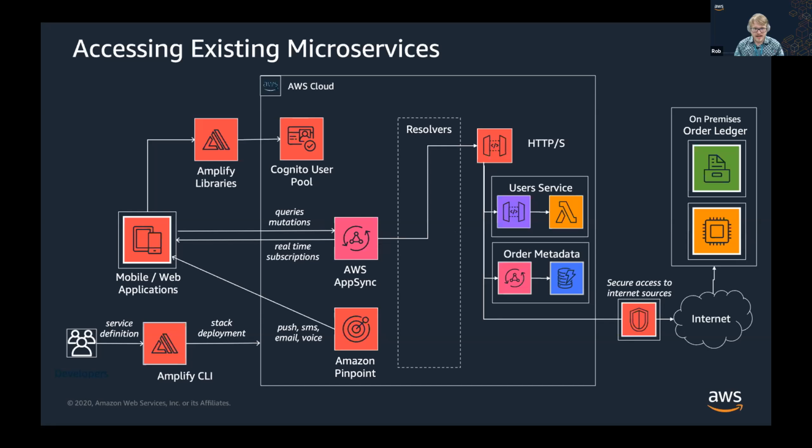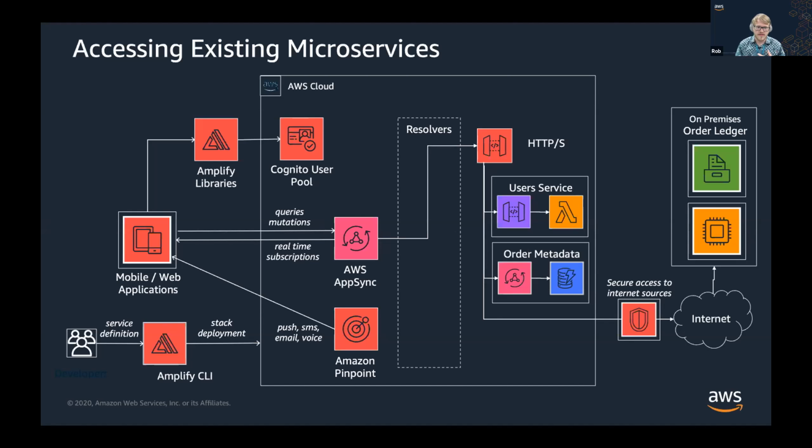Likewise, we talked about HTTPS endpoints, and they're really powerful for endpoints both in your AWS account and on your on-premises systems. So here we can imagine a microservice architecture where we have a user service that's sitting in AWS behind an API gateway instance. This API gateway instance invokes a Lambda function to get information about users.